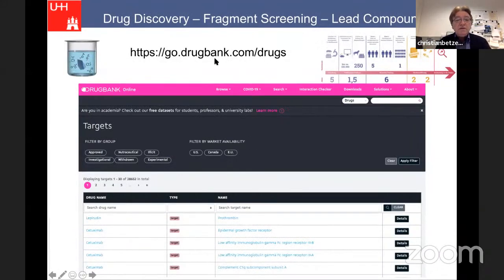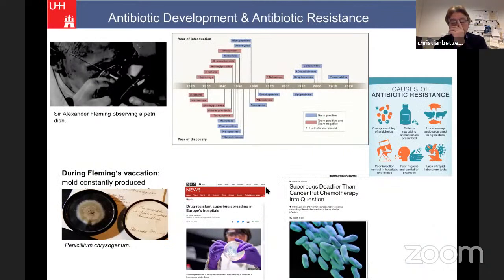This is another one, and this is the web page, DrugBank. You see, you can search for drugs, and you can screen what they are used for, or what is the application, and do your own bioinformatics and take decisions if you want to go towards repurposing.